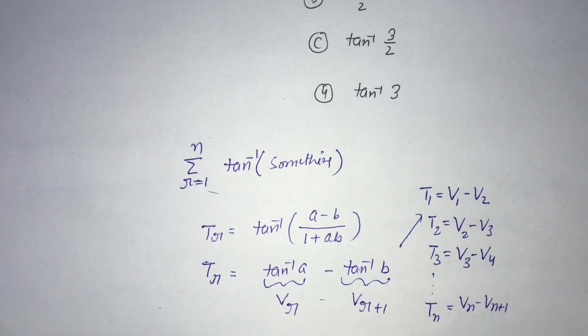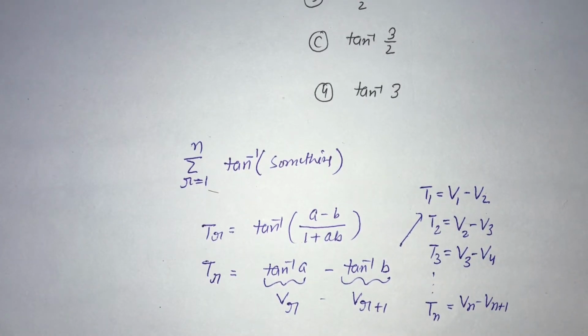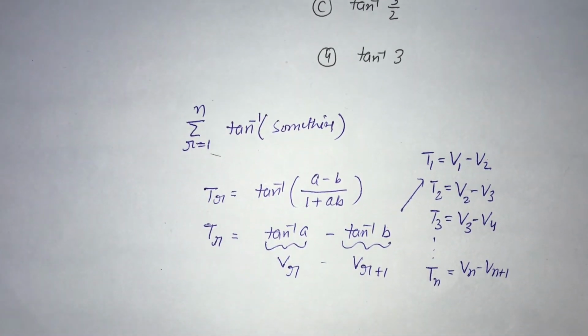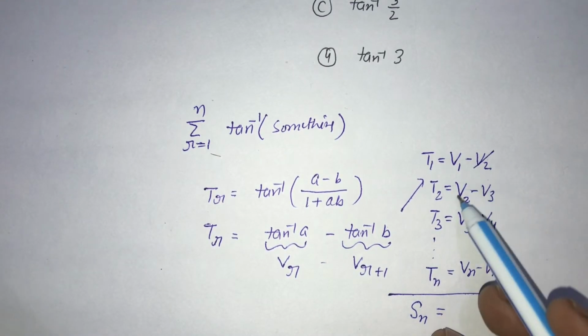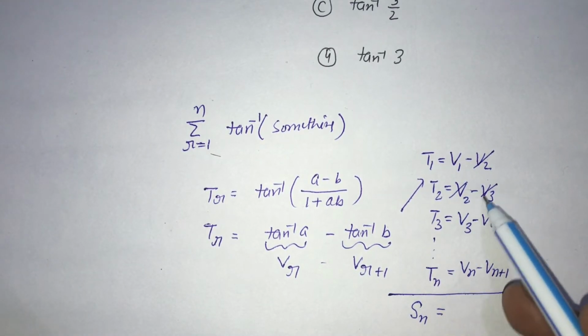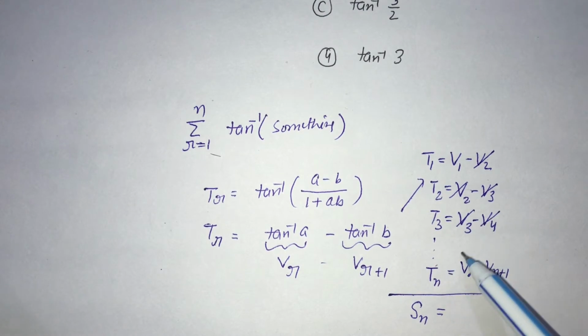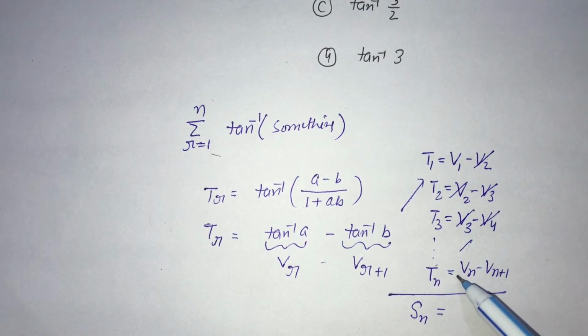This method you must have studied in progression and series. This is known as the Vn method or difference method. If you add all these terms, you get t1 plus t2 plus t3 plus t4 and so on up to tn, that is Sn. Here the second term and first term will be cancelled, and so on.